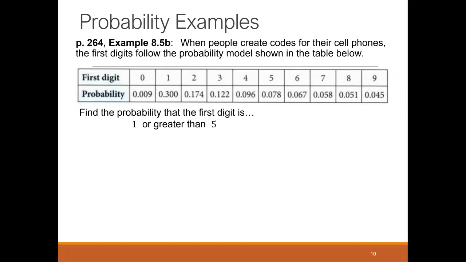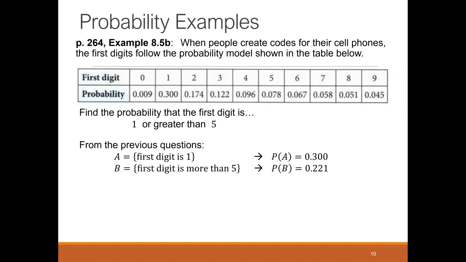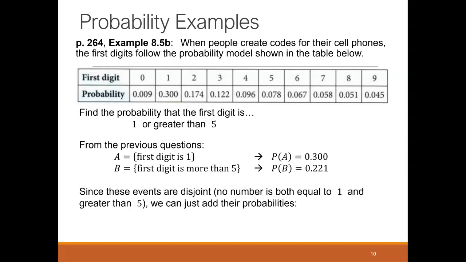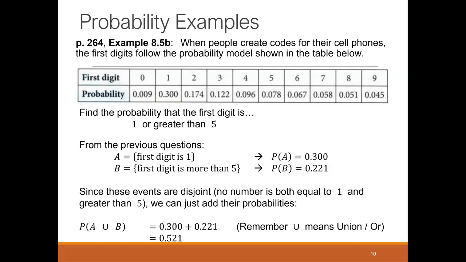Since they're mutually exclusive, we can just add up the probabilities, or we can take our work from the previous two questions and just add them together to get 0.521. You guys okay with that? Okay.